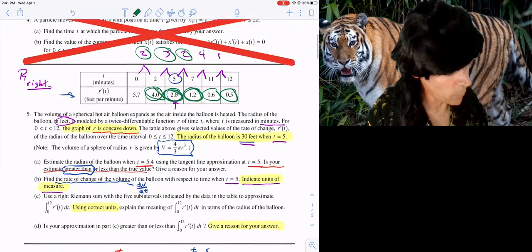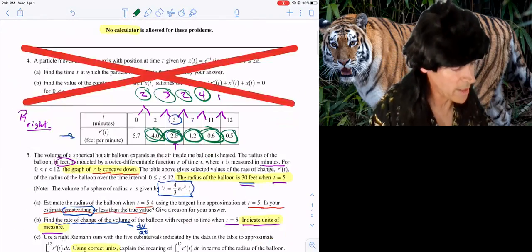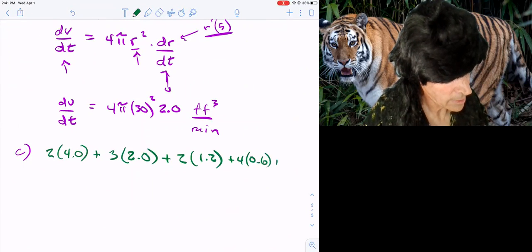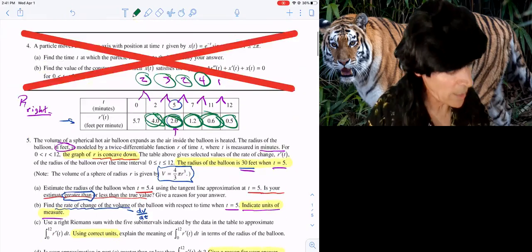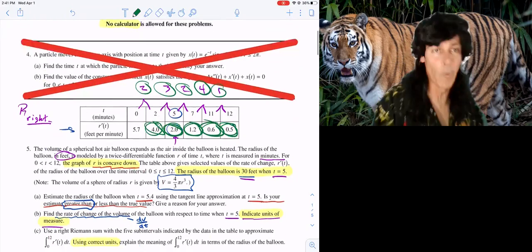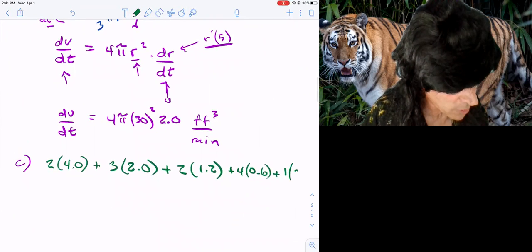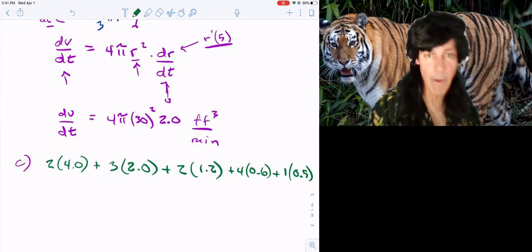Next up, 4 times 0.6. Last but not least, we got 1 times 0.5.